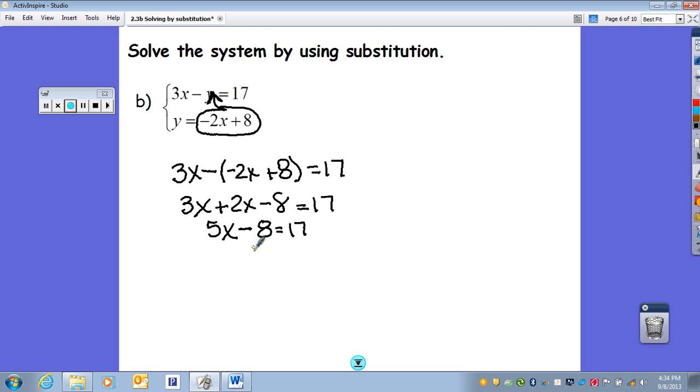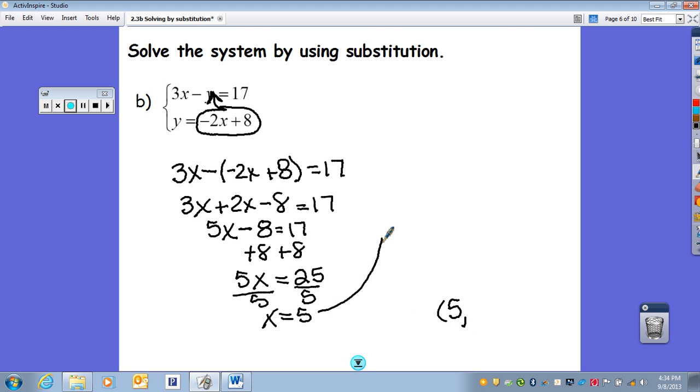I'm going to add 8 to both sides to finish solving for x. So I have 5x is equal to 25, and when I divide both sides by 5, x is equal to 5, which is the first part of my solution to my system.